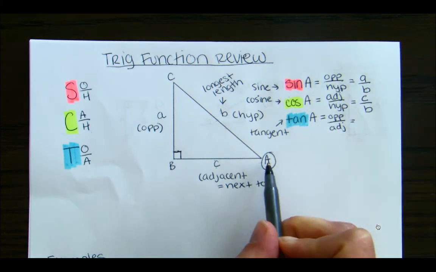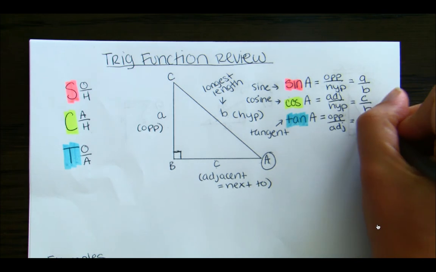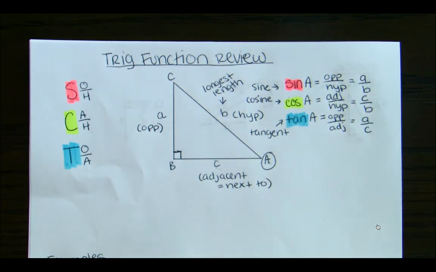In this case, my opposite is A, and my adjacent is C. So those are the ratios. When we were talking about finding a ratio, that's what we're looking for. So we want a length divided by a length. And if you were to convert that into a decimal in the calculator, you write whatever the top number is and then divide it by the bottom number, and that should give you your ratio.